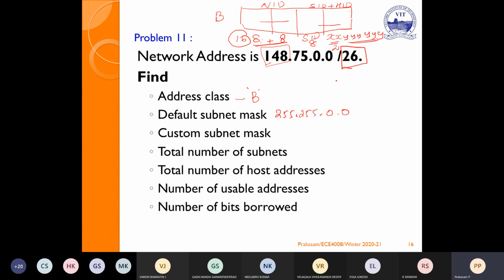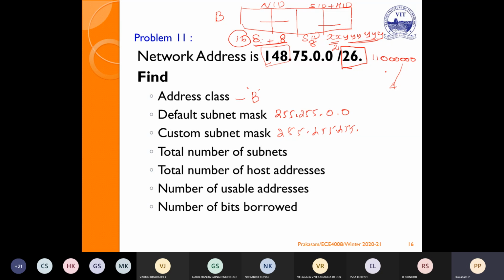Now if you see here, 8, 8, 8, so 255 dot 255 dot 255. In the last byte, the first 2 bits are the subnet mask. That means 1 1, remaining 6 zeros. Now convert this into dotted decimal. 1 1 followed by 6 zeros.